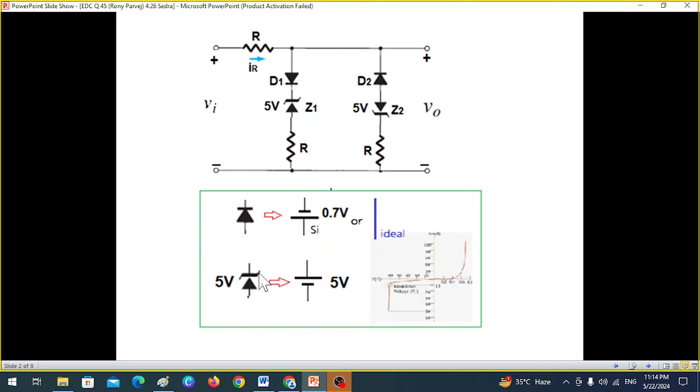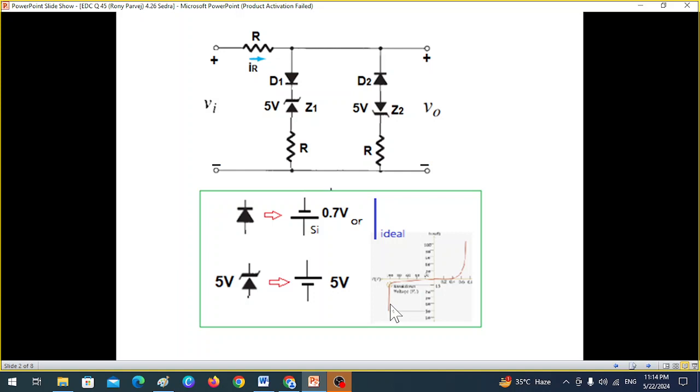But in the case of a Zener diode, there is a slight difference. The Zener has some voltage written, like here it is written 5 volt. That means when we operate the Zener in the negative region, not the positive region, and we keep increasing the negative voltage, then it will break down. At some point, maximum current will start to flow.